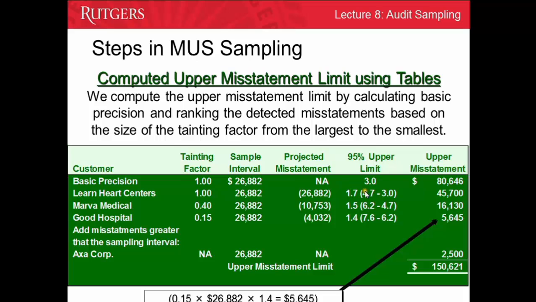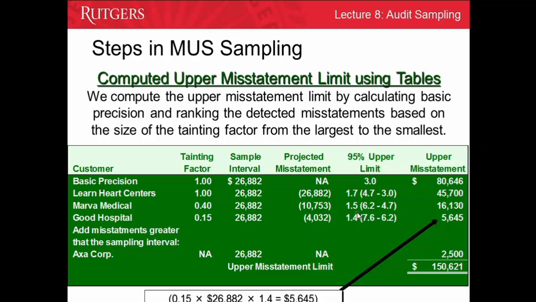So here we use 4.7 minus 3, and get the upper limit factor for this item as 1.7. Then we multiply 1.7 by the sampling interval to get the upper misstatement for this item, which is $45,700.